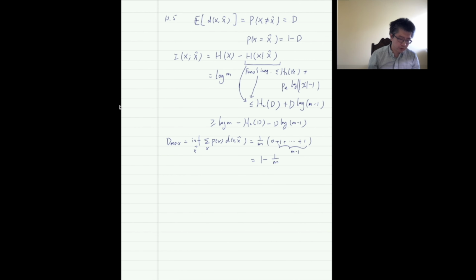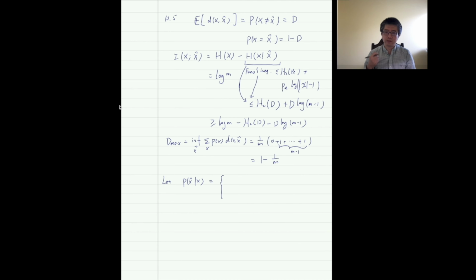So as we said before, now let's take a guess of the distribution for p(x hat), right? What we want is that p(x hat) should be a uniform distribution, and the way we achieve that is something like this, okay?